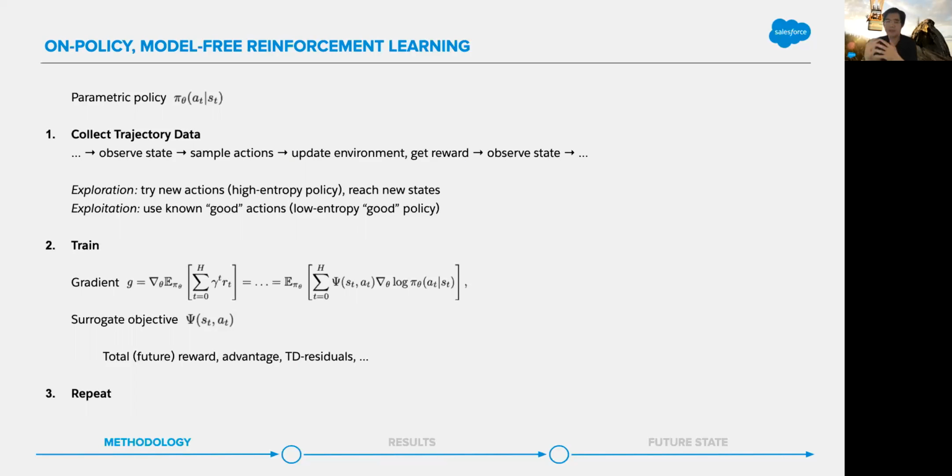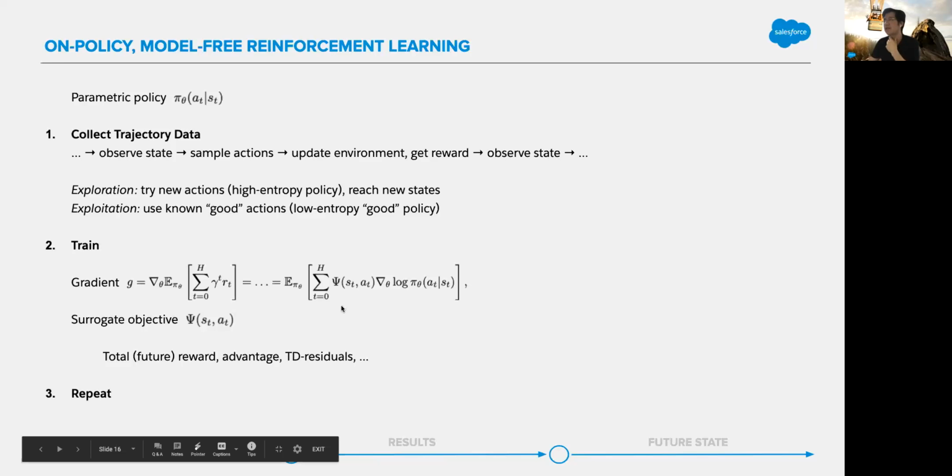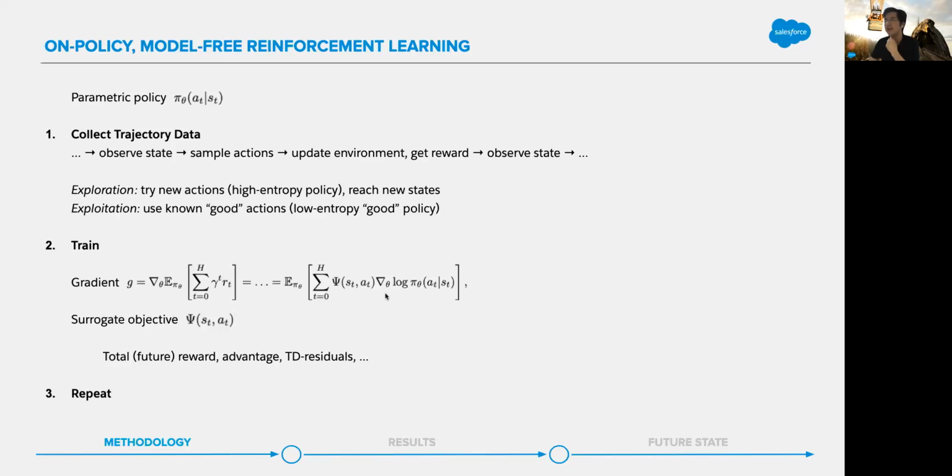So once we have that trajectory data, then we can train on that. To do that, you compute a gradient. You take the gradient of the expected discounted reward, and you can derive that in general, this looks something like this formula on the right, where the gradient is basically going to change the log odds of the actions that increase this objective function psi. This psi we can think of as a surrogate objective for the expected discounted reward.